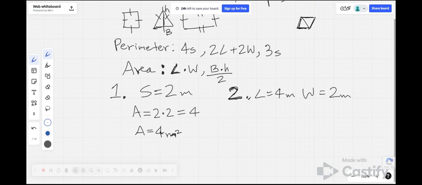Now, as you can see, this side and that side are equal, this side and this side are also equal.